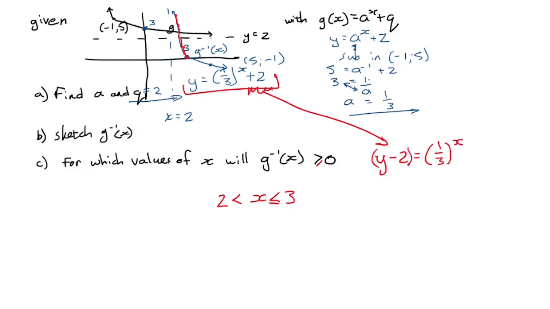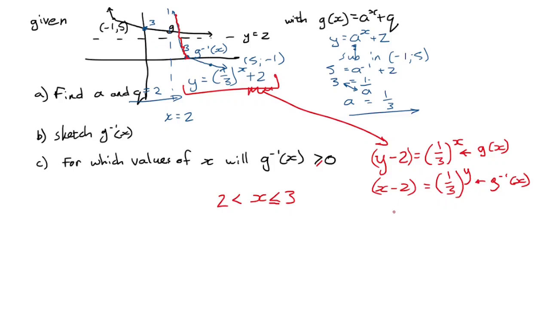Let me just keep this in brackets as well. If I do the inverse, I swap x and y, so this will become a third to the y. This is still the original graph at this stage, and this is now the inverse graph at this stage because I swapped x and y.